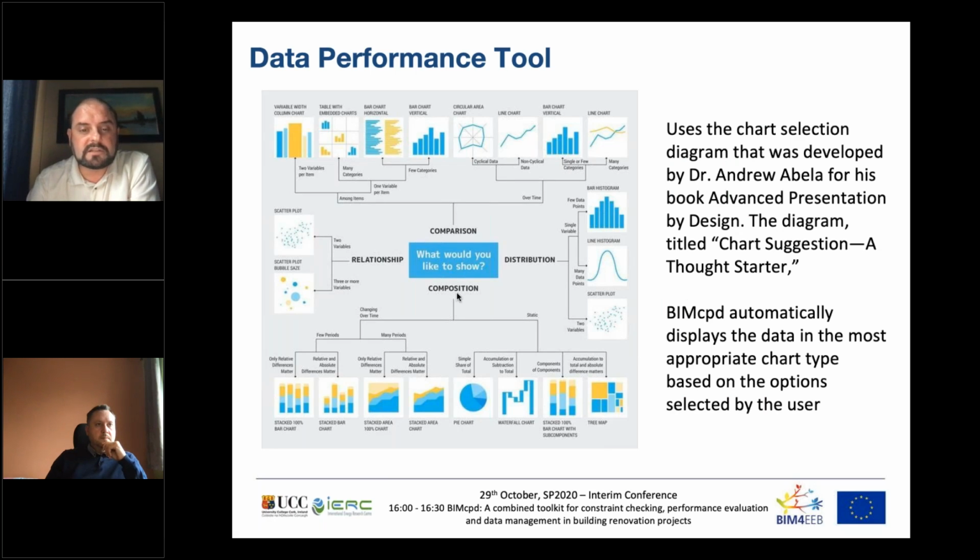The user will have options in the system, and you'll see that later on, where they would select just the 4 types: relationship, comparison, distribution, or composition. Based on those options and the variables selected in the data performance, the system would output the various chart types that match that. So the idea is that the data would always be presented in the best way to view it.